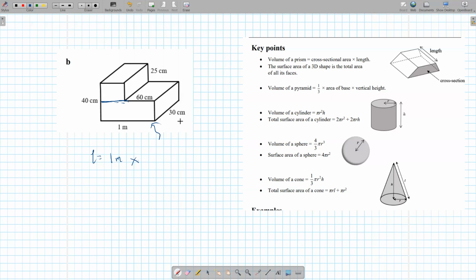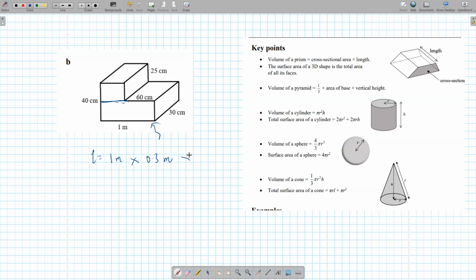You divide by 100. To go from centimeters to meters, you divide by 100. So 30 divided by 100 is 0.3 meters.